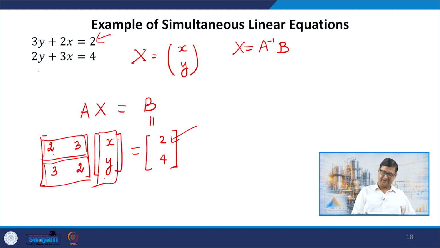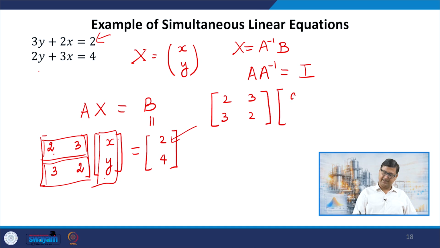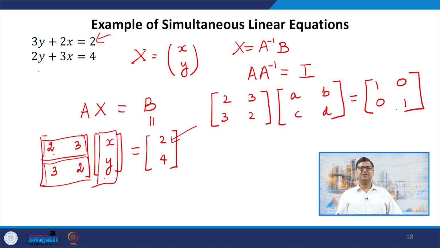One of the ways of doing it is noting that A into A inverse is equal to my identity matrix. So we have 2, 3, 3, 2, and let me put something here, a, b, c, d, that is equal to 1, 0, 0, 1, and using this equation I can find the values of a, b, c, d, and therefore I will have the expression of A inverse, right?